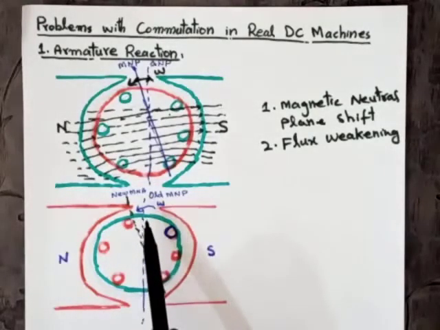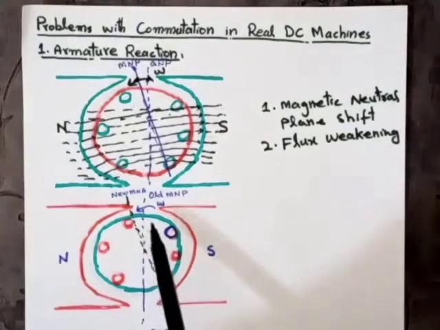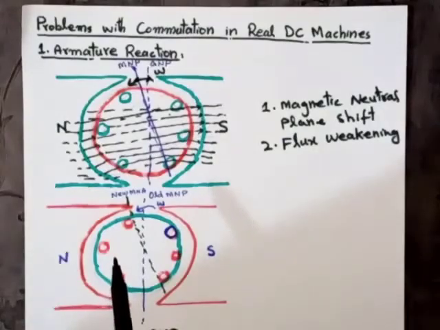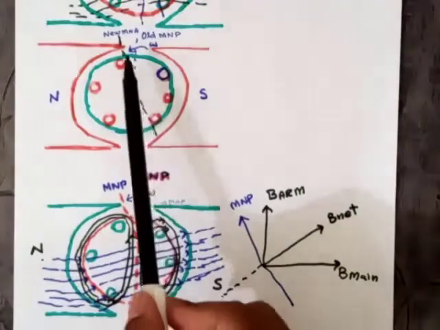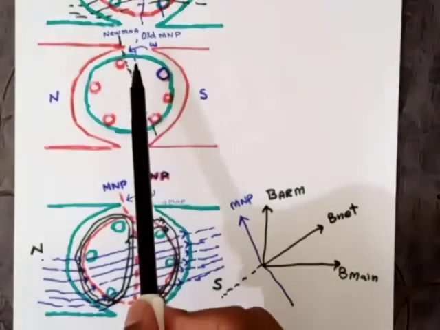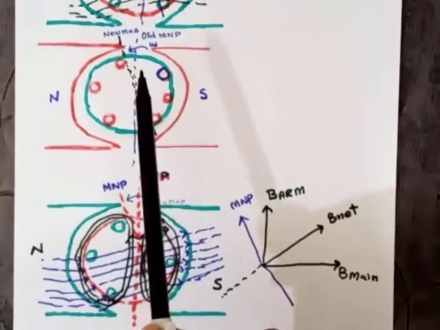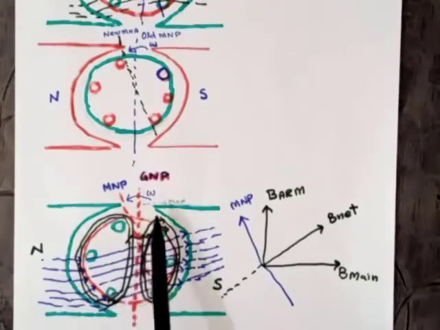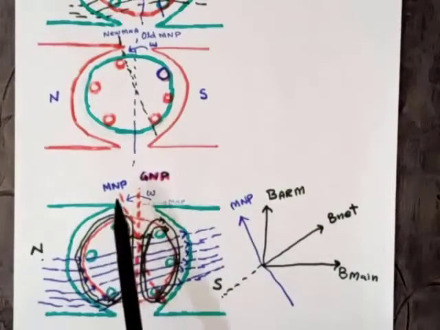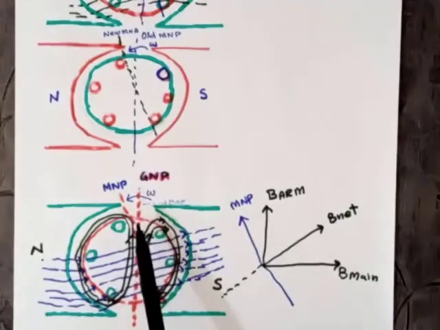As you can see in this figure, the direction of the rotation of the machine is anti-clockwise, and the magnetic neutral plane is also shifted anti-clockwise. If the machine is a generator, the magnetic neutral plane will be in the direction of rotation. In case of a motor, it will be opposite to the direction of rotation.